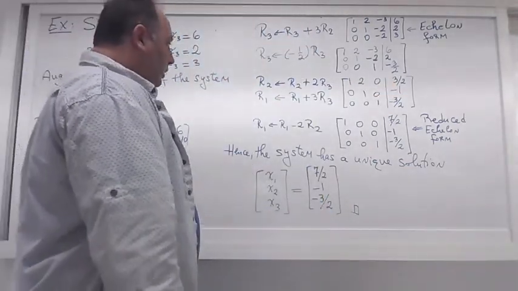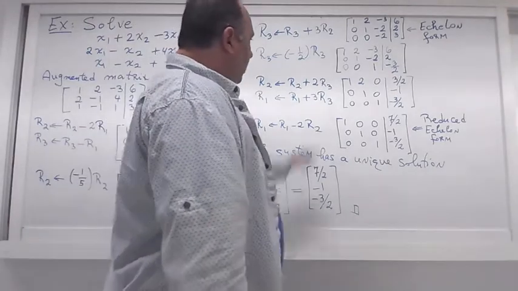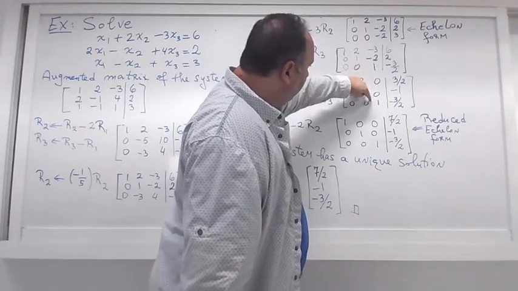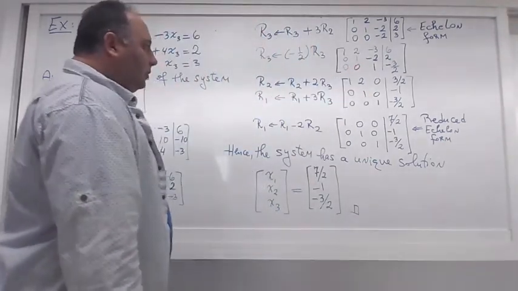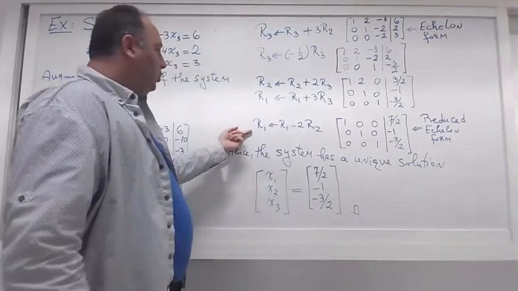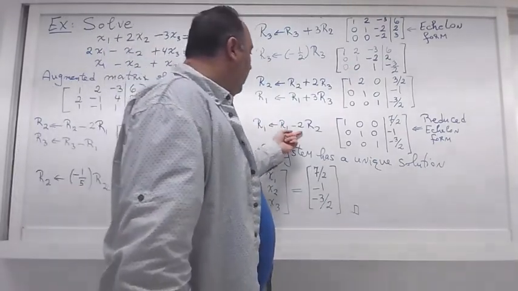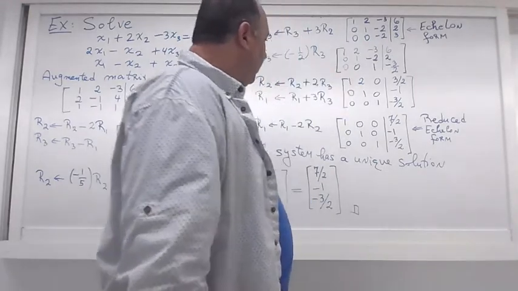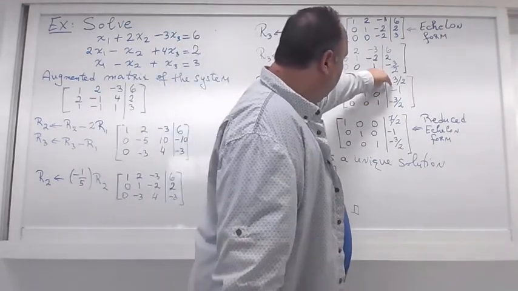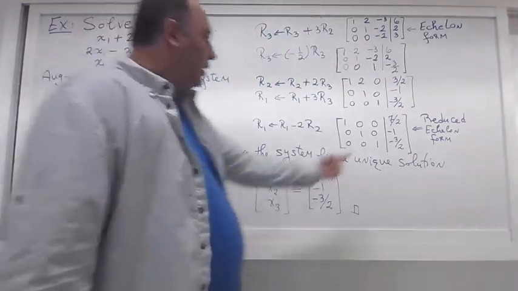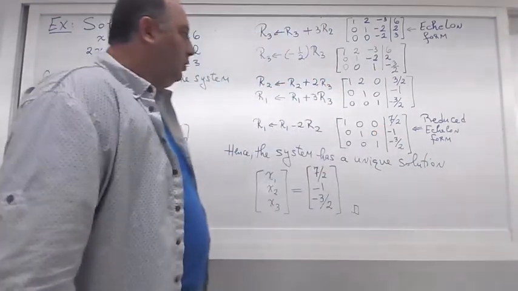Well, I don't like them, but that's where they are. So now I introduced zeros above my leading entry, that's great. And the last step is to produce 0 here. So I replace row 1 by row 1 minus 2 times row 2 to kill this guy. Obviously these two need to work also, and you get another fraction. What can you do? You have fractions.